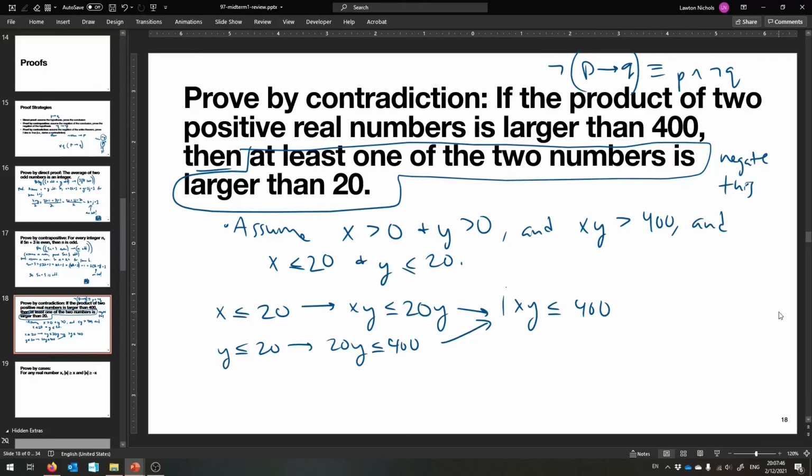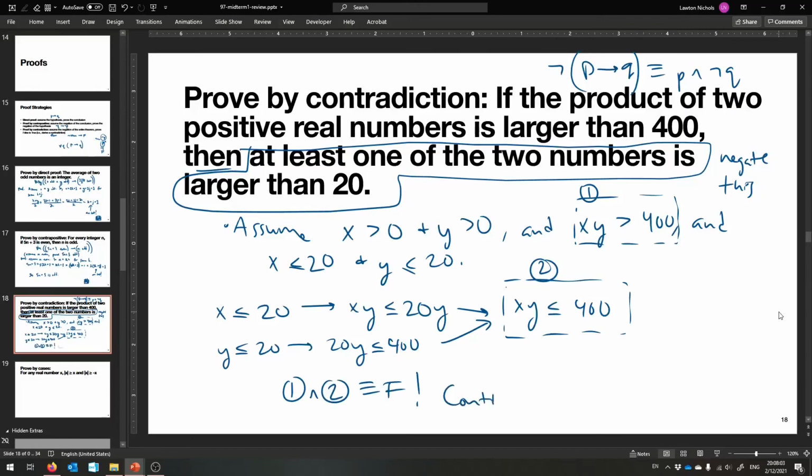So if this is like, I don't know, 2, and this is like 1, we're assuming this. And we just showed that this also has to be true. 1 and 2 make a contradiction. 1 and 2 is equivalent to false. Contradiction, which implies the theorem. Okay, so that was a fun one.